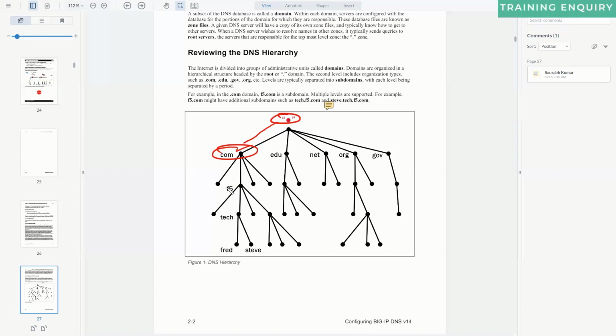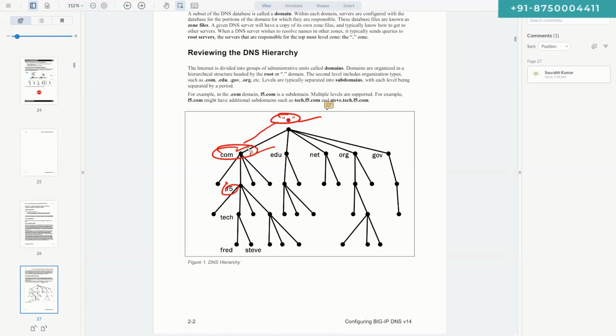right? So first you had the root domain, then we had the TLD, the top level domain, and then we had subdomains, like f5.com or cisco.com. You can take any example.